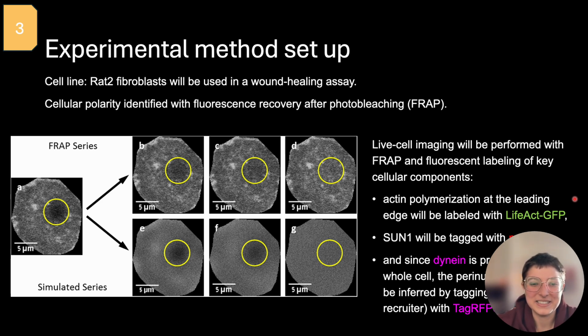So to visualize this, the microscope that I want to use to do live cell imaging is a confocal microscope. You could also do it with just a light microscope, but I'm not sure how you would do that. So you label proteins in the cell so you can see how things move.